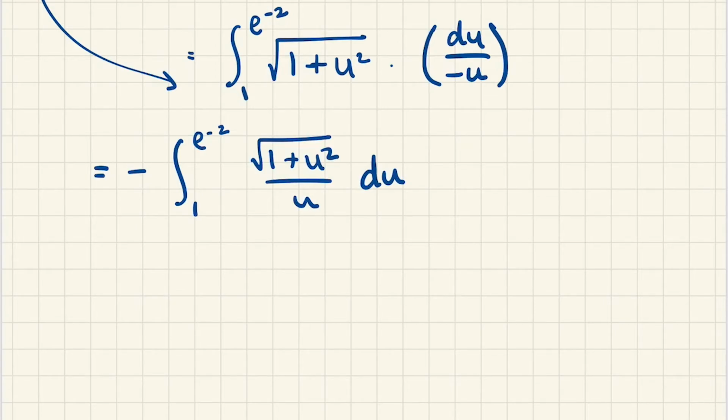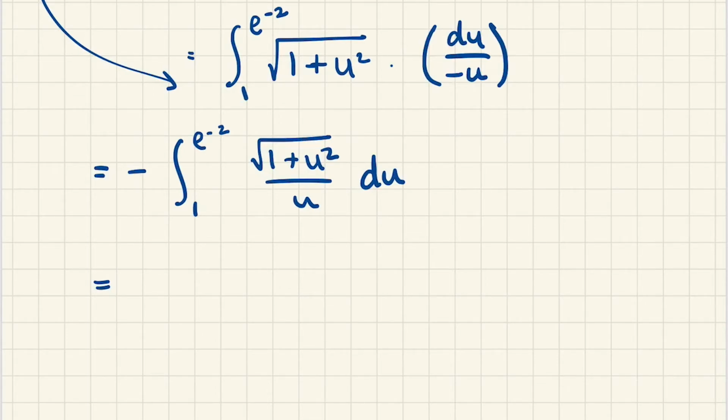And we've engineered things so that we can do a tangent substitution. Let's do one more quick simplification before we do that. Notice that e to the negative 2 is a smaller quantity than 1. So we typically like to have the smaller number as the lower bound of the integral and the larger number as the upper bound of the integral.